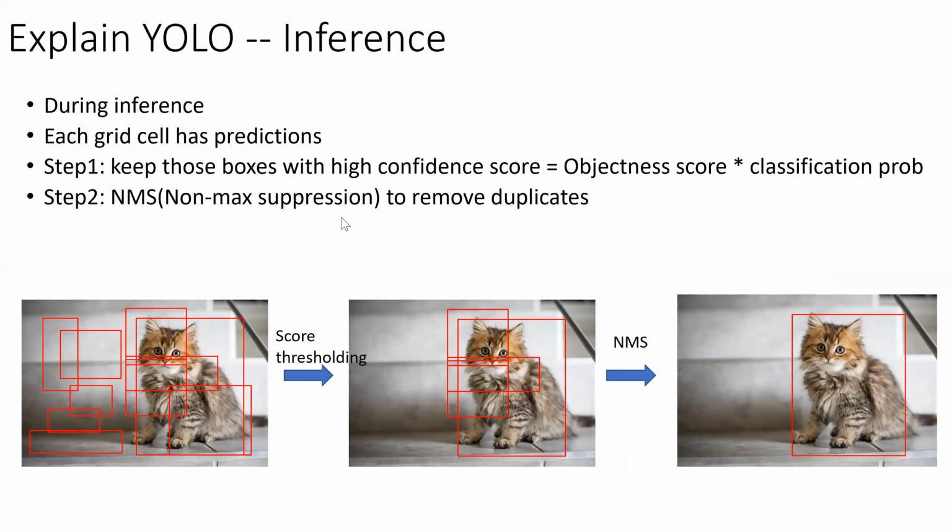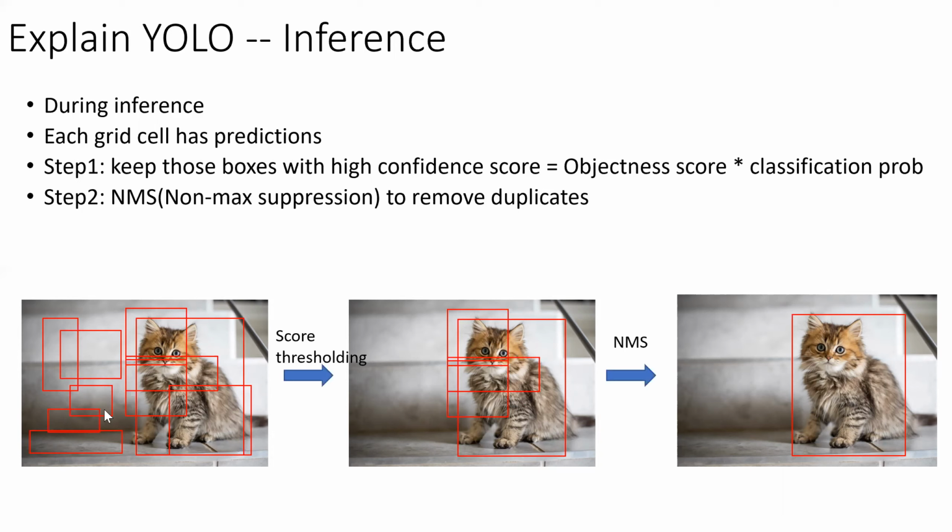Then during inference time, there will be many predictions, so I need to design a post-processing way to remove the noisy ones. Step 1 is to do a score thresholding. So I only keep those boxes with a high confidence score. The confidence score is equal to objectness times the classification probability.